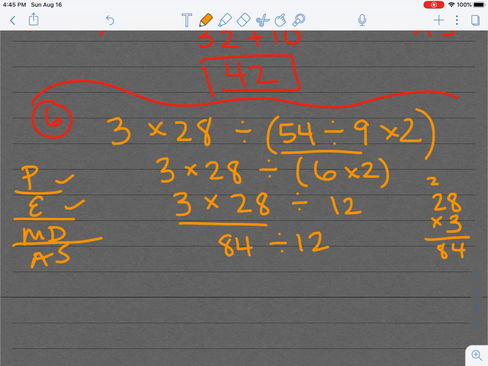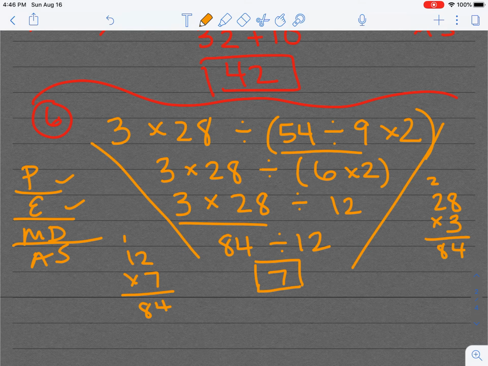And then divided by 12 comes down. And 84 divided by 12, if you know your facts, is 7. Let's double check. 12 times 7. Sure is. Okay. Again, you see your triangle forming. Remember to pause, rewind as needed, and ask a lot of questions in class as you need to.